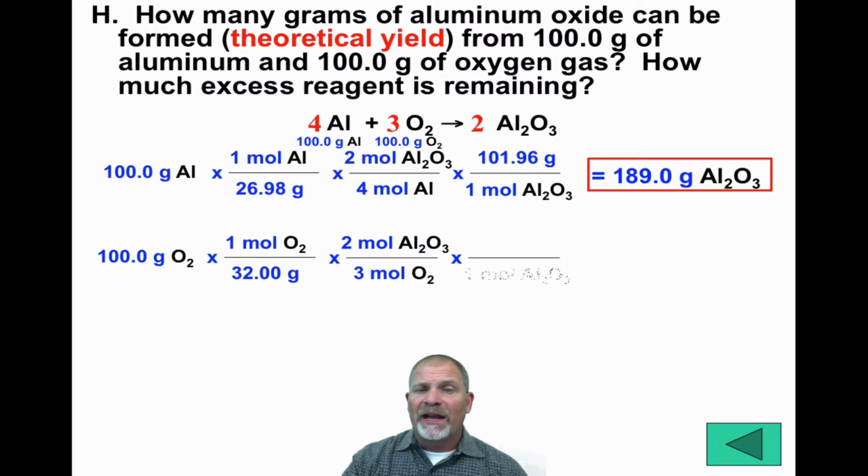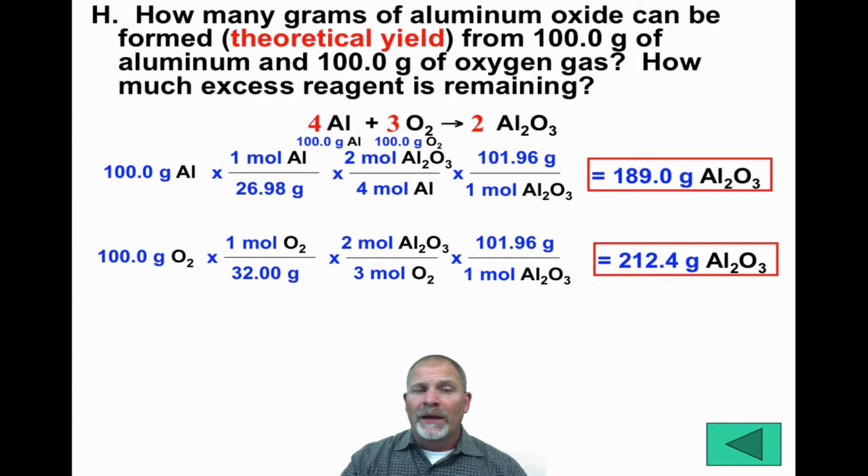So I can bring down my 1 mole equals 101.96 grams. So my grams of oxygen cancel out, moles of oxygen cancel out, moles of aluminum oxide cancel out, and I end up in grams of aluminum oxide. So I multiply across 100 times 2 times 101.96 divided by 32 divided by 3 equals. And what this tells me is that my 100 grams of oxygen can actually produce 212.4 grams of aluminum oxide.